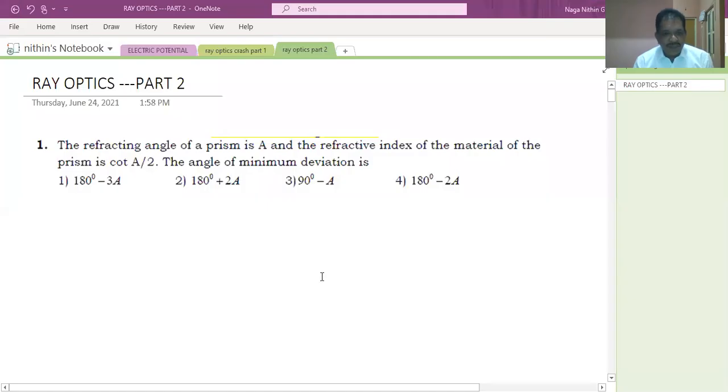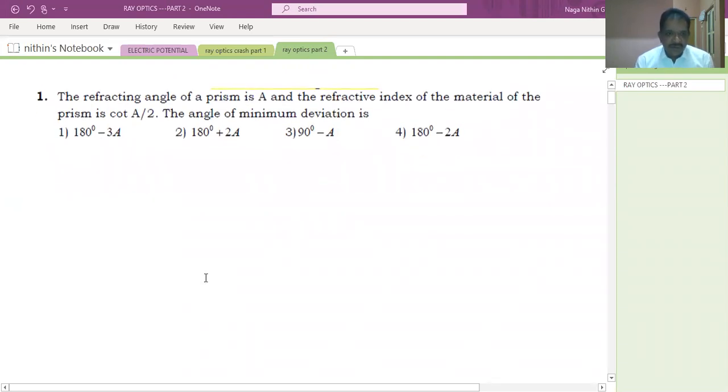The refracting angle of a prism is A and the refractive index of the material of the prism is cot A by 2. The angle of minimum deviation is how much, they are asking. Let's see here. So mu is equal to, what is the formula?